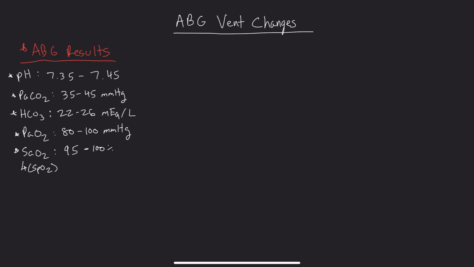Another thing quick we need to cover is some concepts to know. It's going to help you when we're evaluating these ABG results here towards the end. Okay, the first one is, if you're in nursing school or you've already graduated, you've probably heard of or seen this mnemonic of ROME, which stands for respiratory, opposite, and metabolic, equal.